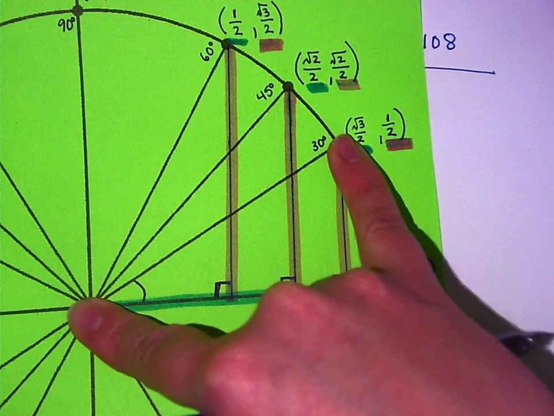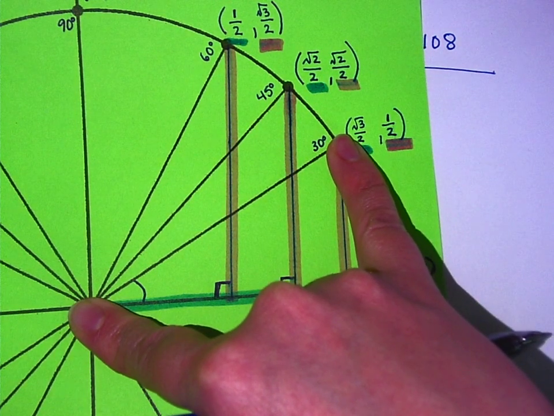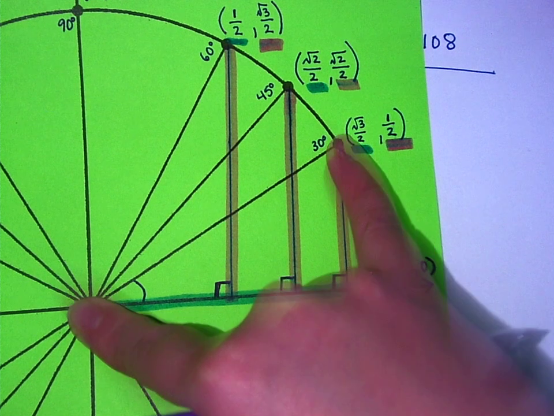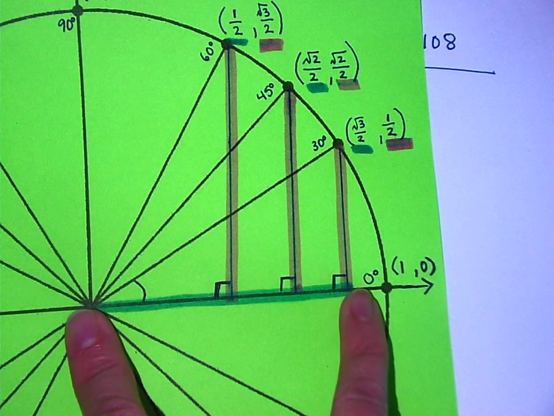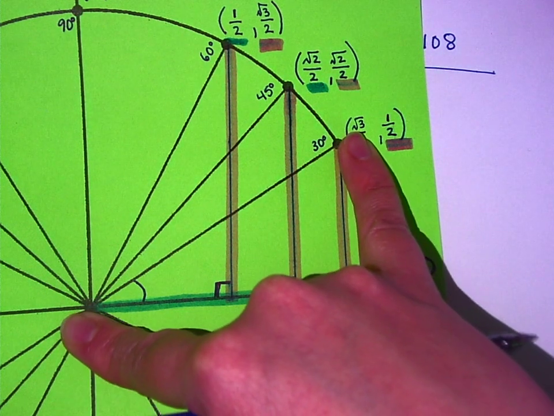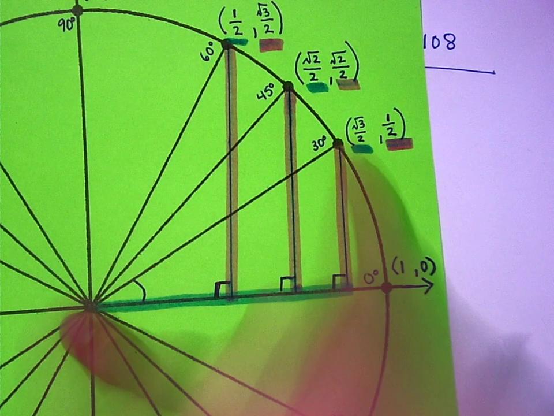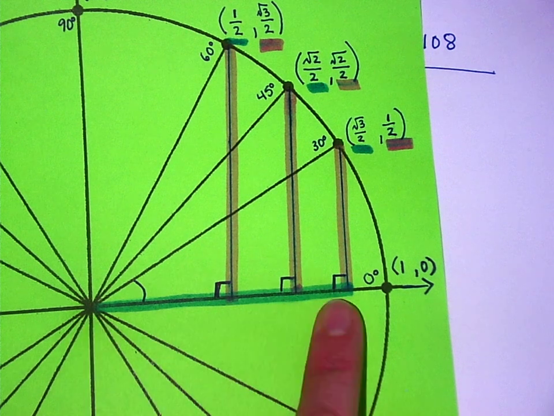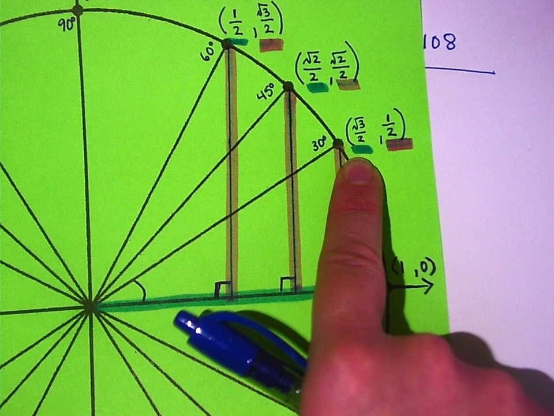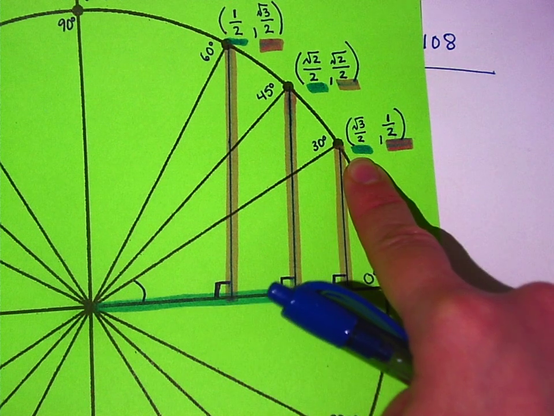And what's the hypotenuse in a unit circle? 1, because the unit circle is 1, right? So do you see how it would be this blue part divided by 1? And anything divided by 1 is itself. So this blue part is cosine, which is that x value. So that's why cosine is x.